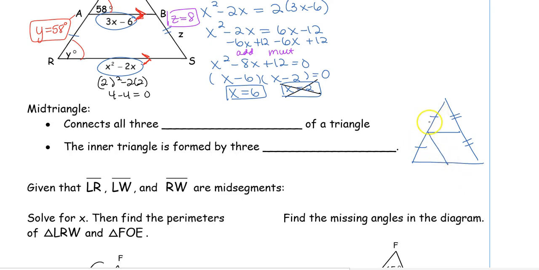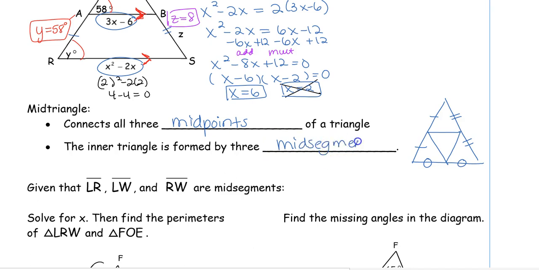This mid-segment makes those two congruent and these two congruent, and I draw in this mid-segment. That divides, so I'm connecting all three midpoints to create a triangle in the middle. The inner triangle is formed by those three mid-segments.